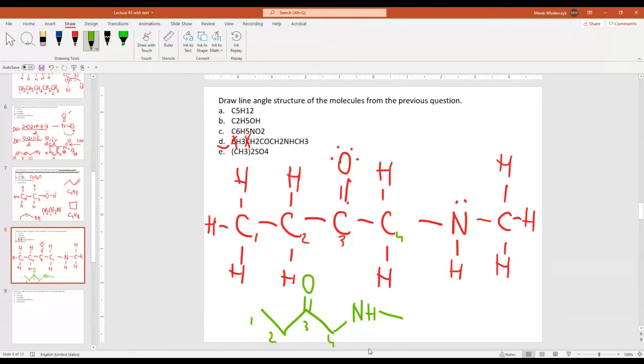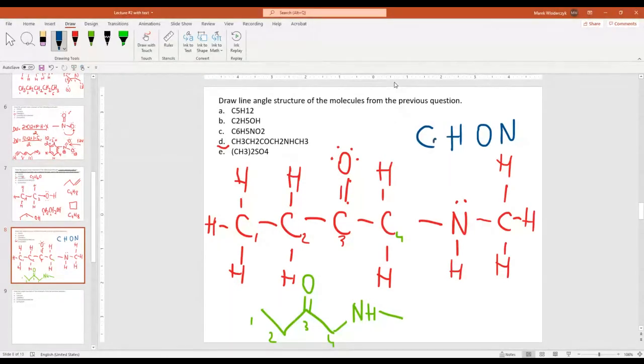What is the general formula, or molecular formula, for this molecule here? Anybody? You have carbon, hydrogen, oxygen, and nitrogen. So how many carbons do we have? 1, 2, 3, 4, 5 carbons.